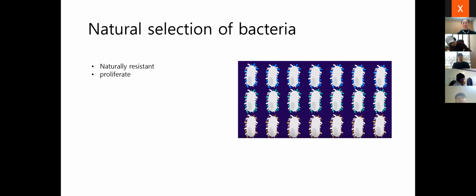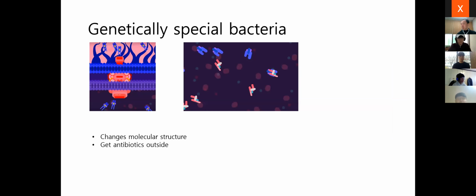For antibiotics, there are some bacteria that do not get attacked by the antibiotics. Those are called naturally resistant to antibiotics. They survive in this environment and proliferate. So they are genetically special, naturally resistant bacteria.